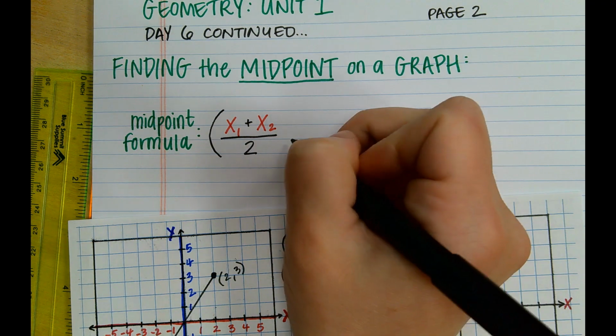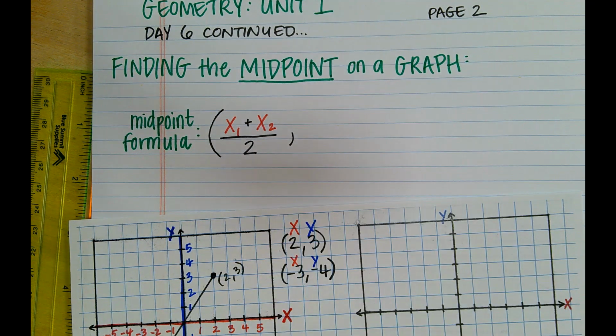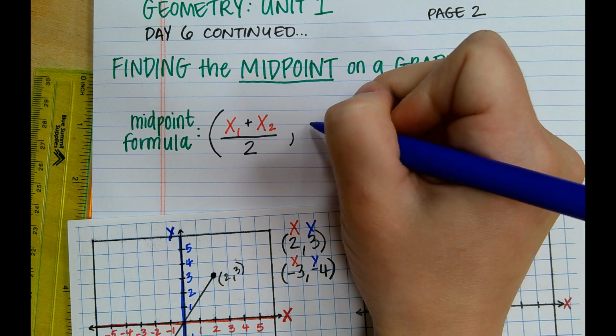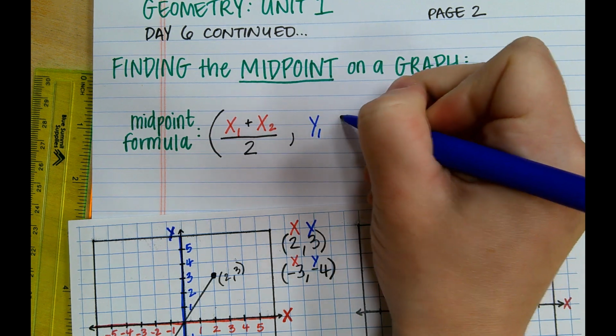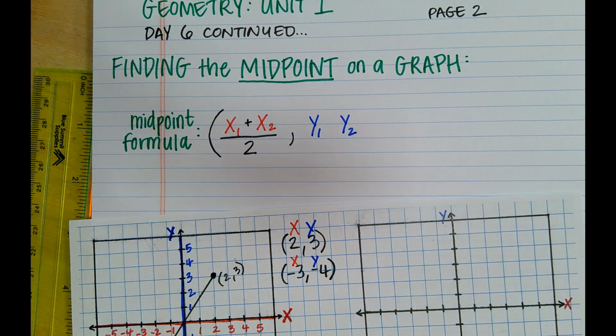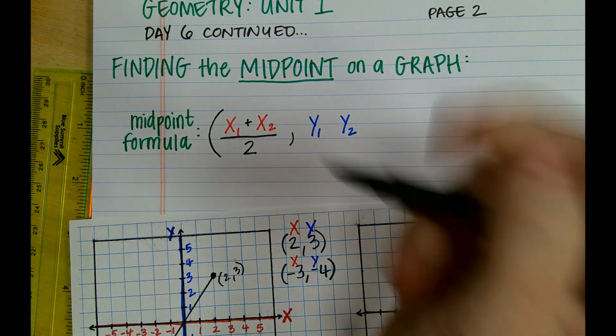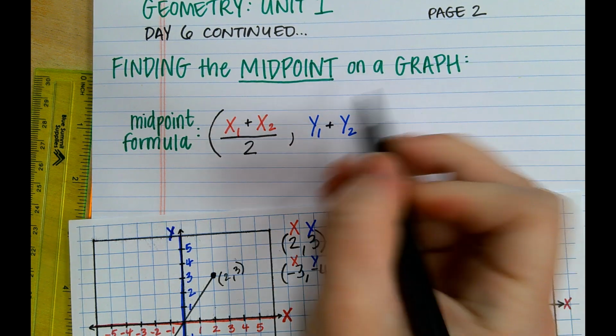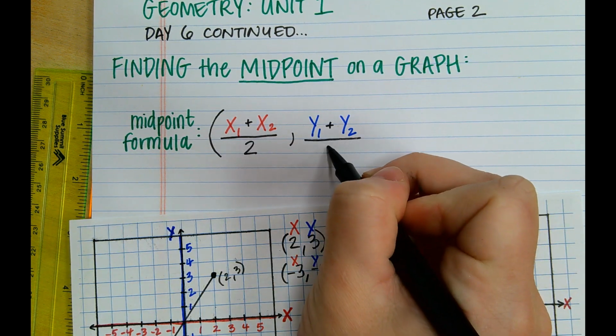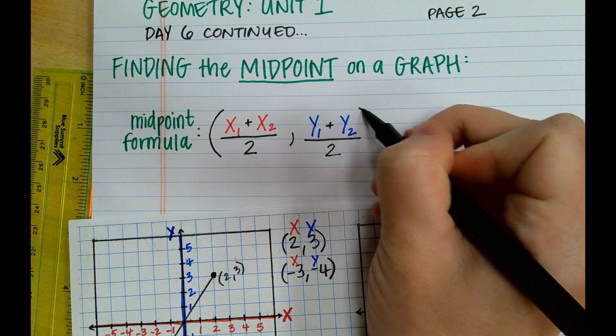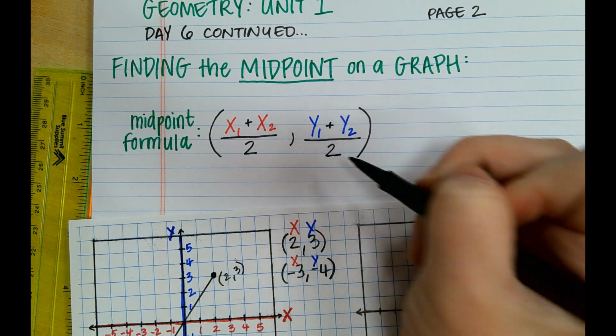Okay? And then a comma. And then we're going to do the same thing with y's. y1 plus y2. All of that is divided by 2. Then we'll close our parentheses.